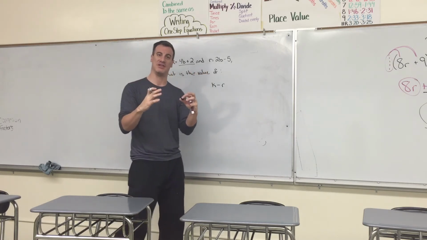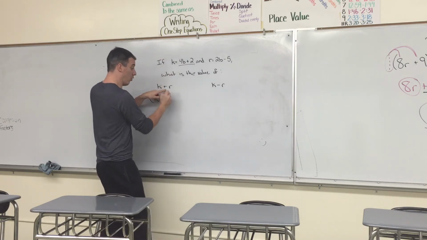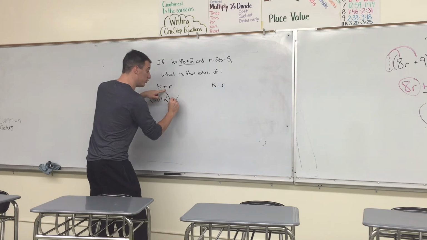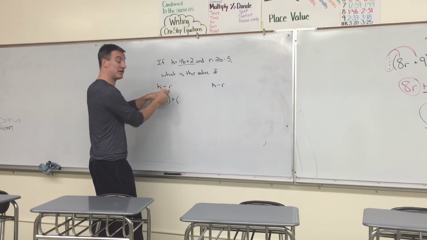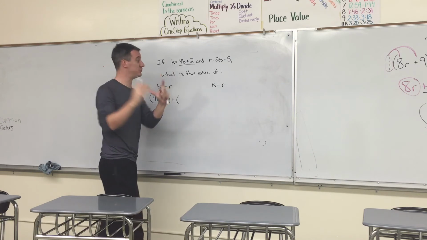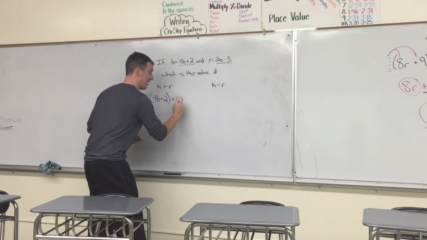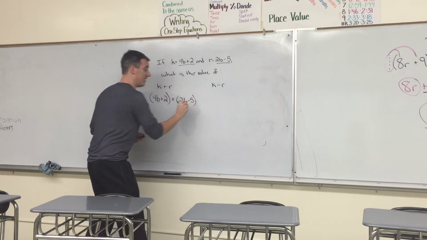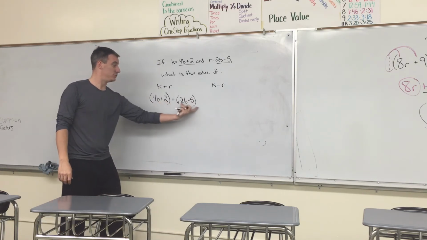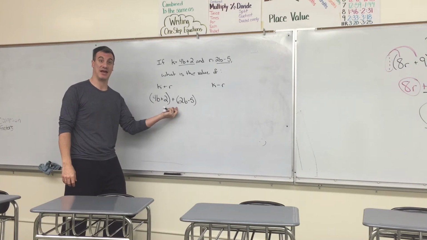It is a quantity that I'm substituting in there. I put my sign down, and now I'm going to do another group because, again, I'm going to be adding the expression 2b minus 5. So I look at this, and now I have two expressions being added together.